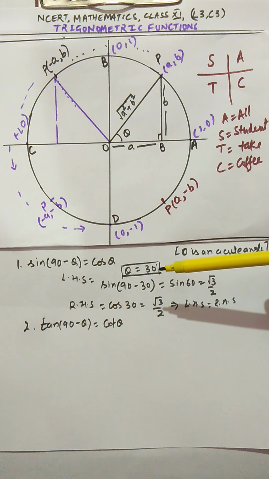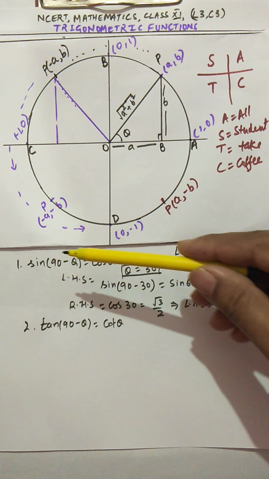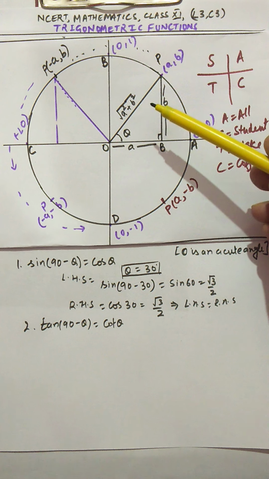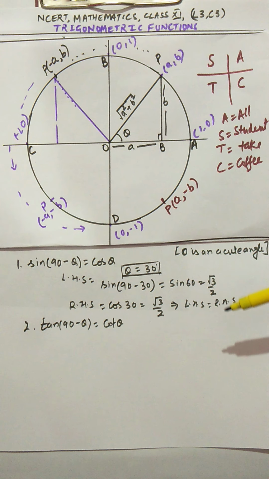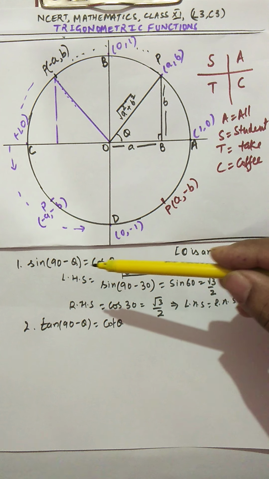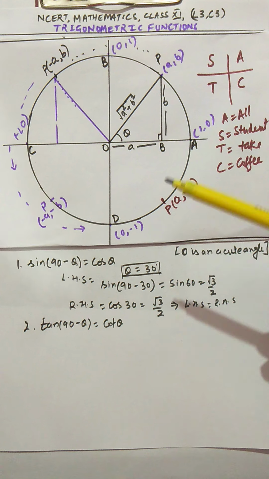For example, when I put theta equal to 30 degrees, 90 minus theta was 60 degrees, and 60 degrees is in the first quadrant. In the first quadrant all ratios are positive, so sin(90 minus theta) will always be cos theta.